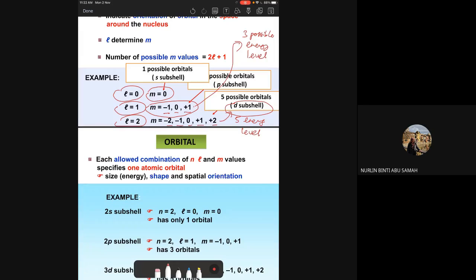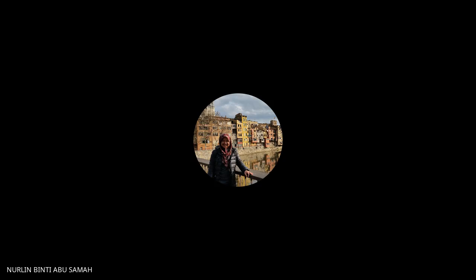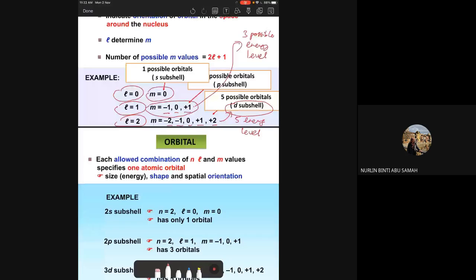Why not different? This is the fundamental concept you should try to understand before you fill in the electronic configuration for different elements.